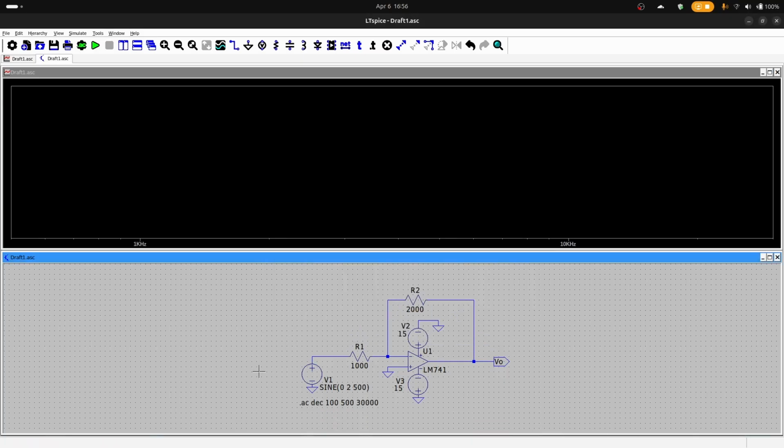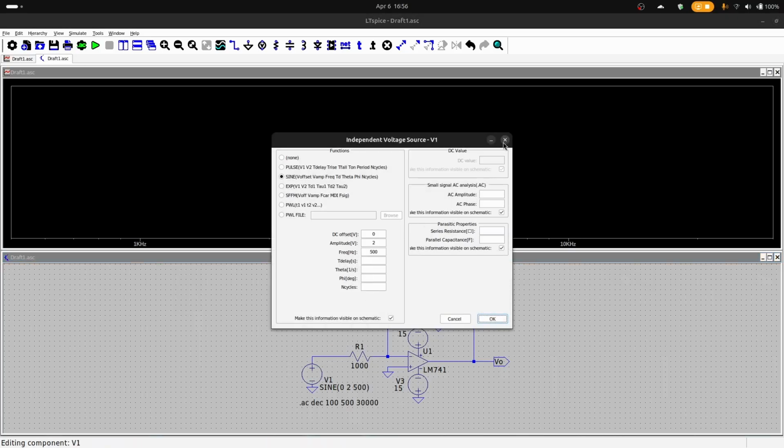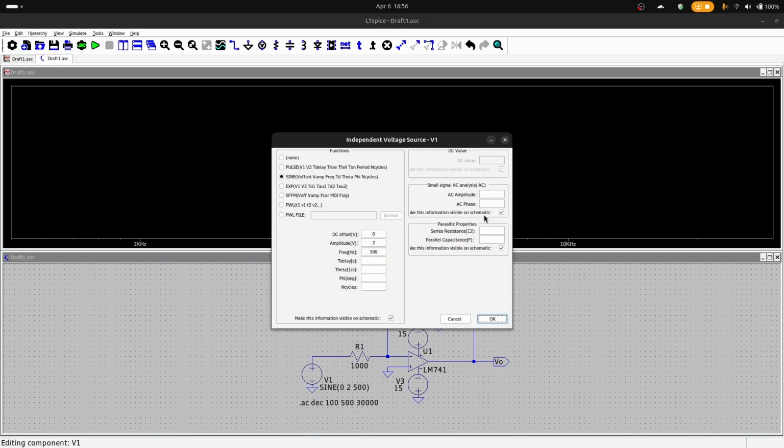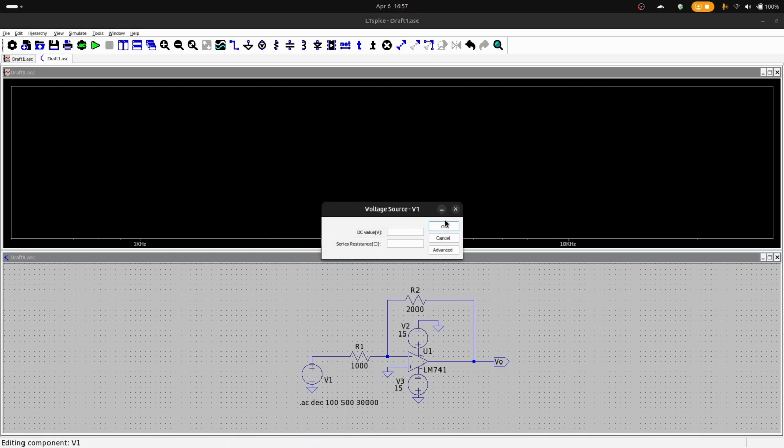Okay, one more thing I forgot to tell you is that you have to set your input voltage source as an AC source, because this will sweep across this domain. So starting frequency will be 500 hertz, then it will end with 30 kilohertz frequency. What will happen is the voltage source will constantly change its frequency to a new frequency. So for that you have to set it to none, and in this you can just set it to AC like that.